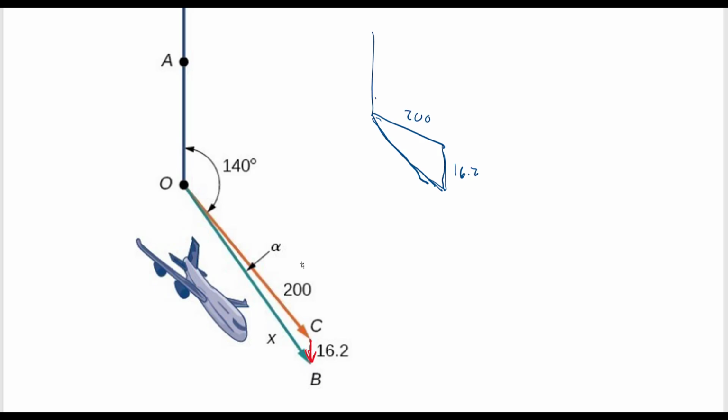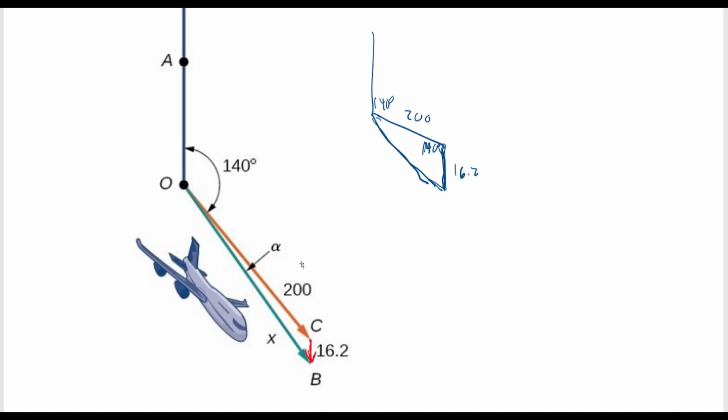Now I want to point out that this is 140 degrees, and that's vertical, this is vertical here. If you remember your geometry days, this is 140 degrees as well by alternate interior angles of parallel lines cut by a transversal. Okay, so that's something we do know.